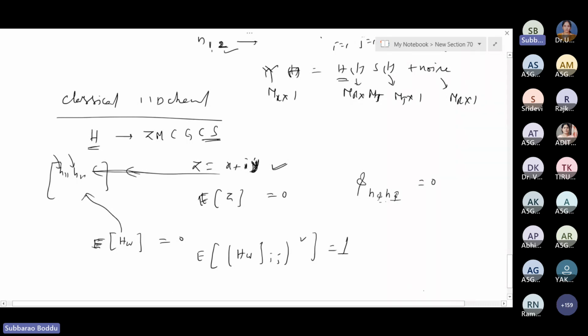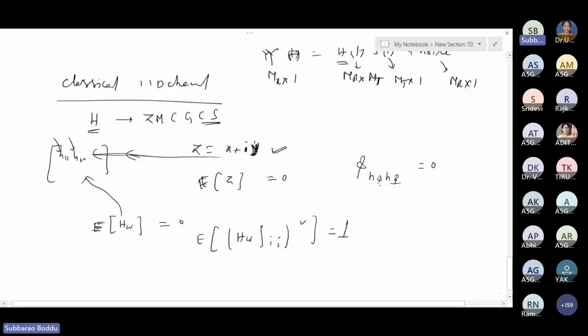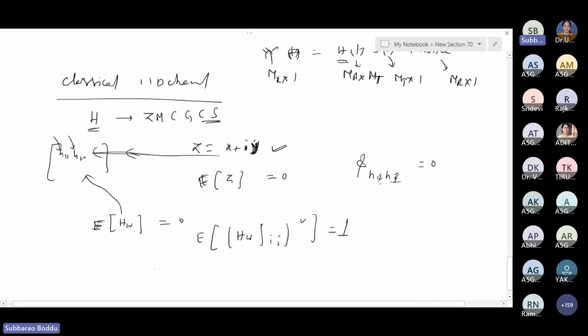If you also check the uncorrelatedness, then E of H_W(i,j) times the conjugate of H_W(l,m) is equal to 0, when i is not equal to l and j is not equal to m.